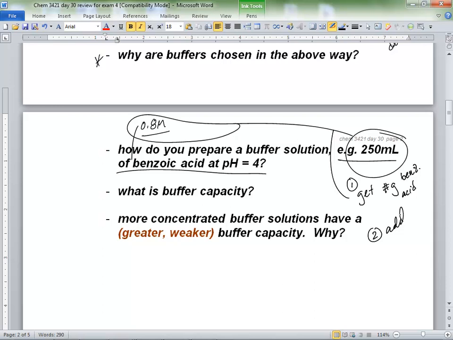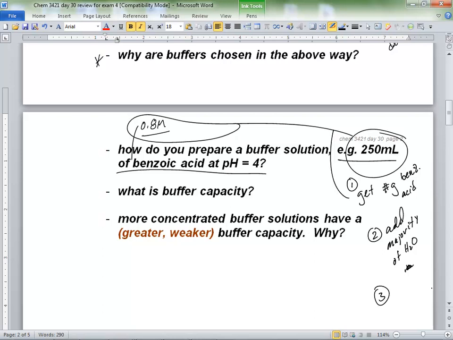So you want to add a good amount, the majority of the water, like 225 or 220 or something. Add a majority of the water. And then you would what? Would you fill it to the mark right away?